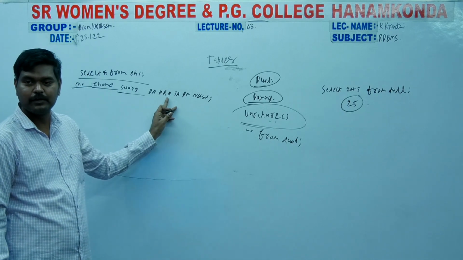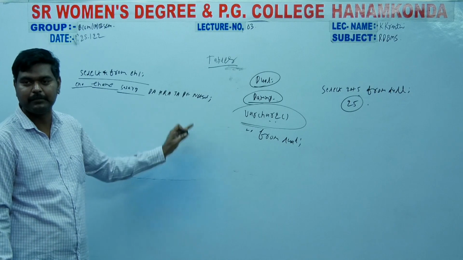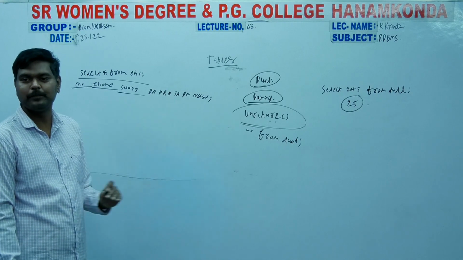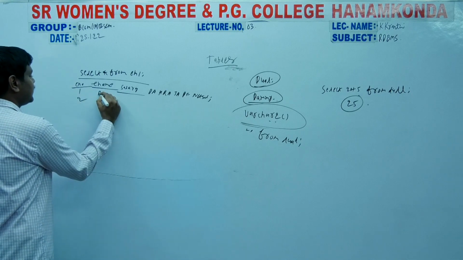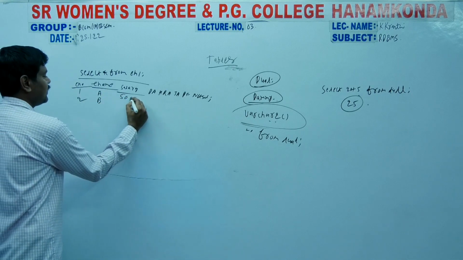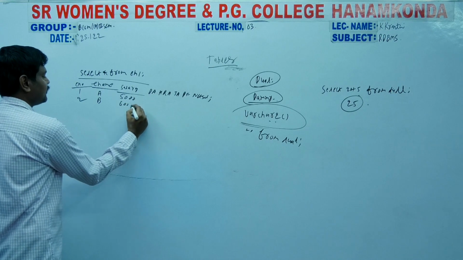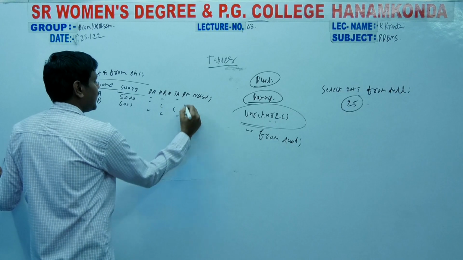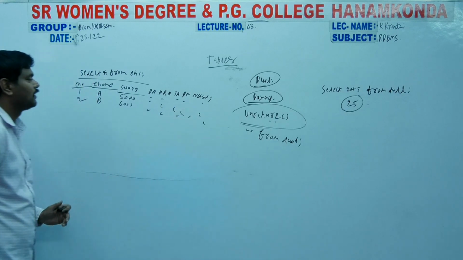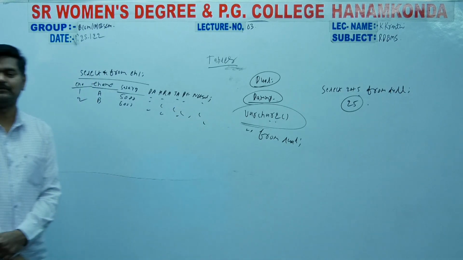Whenever you leave these columns blank, that is called null values. Here I take two employees, A and B, with salaries of 5,000 and 6,000, and for the other columns we have given blank values. These blank values we call null values.